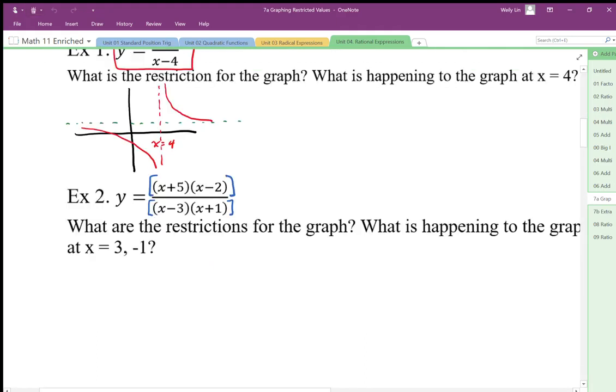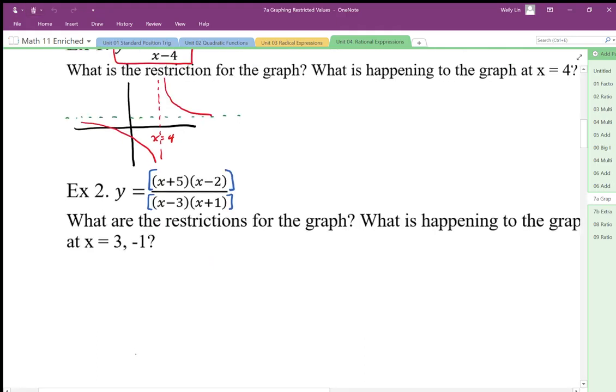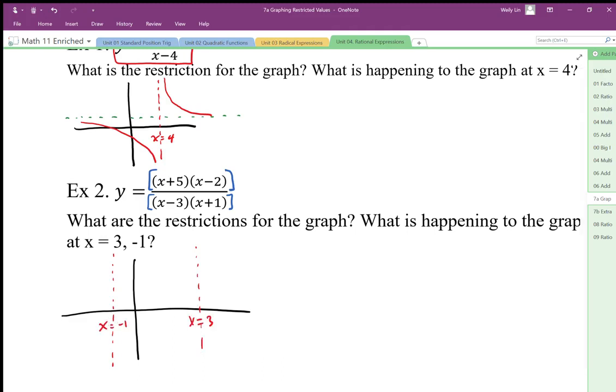At x equals 3 and x equals negative 1, at negative 1, we end up again with a line that we can't quite get to. And at positive 3, when I draw these graphs in, this graph tends to look like this.